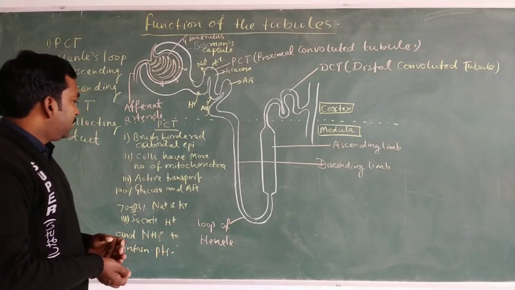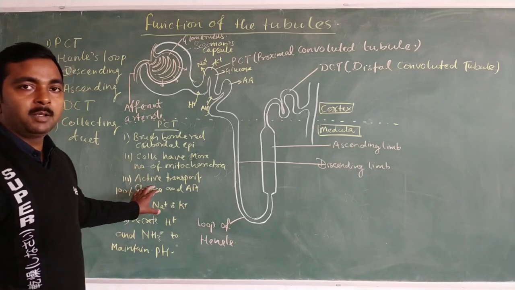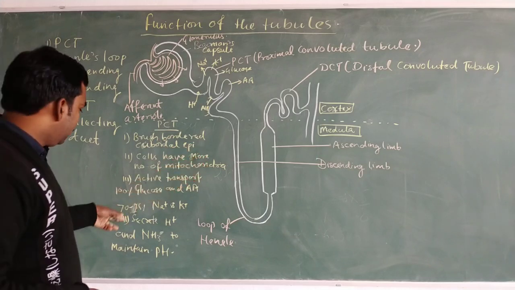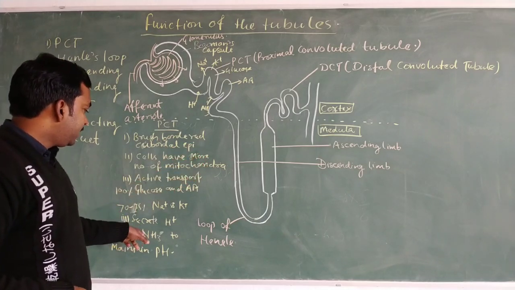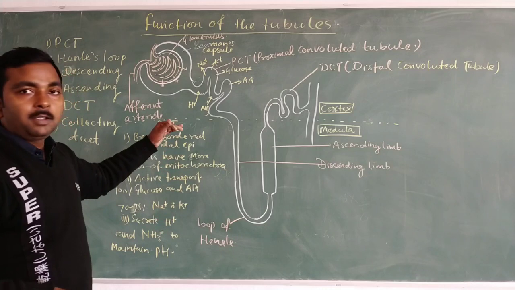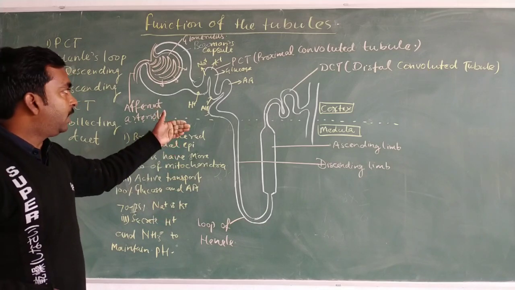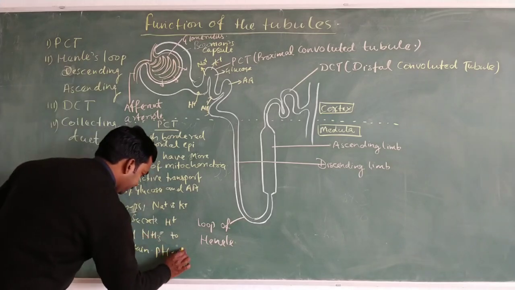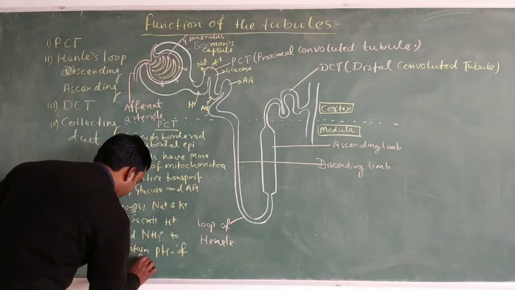So in the PCT region, reabsorption takes place with the help of active transport, and the secretion of ammonia and hydrogen ions also takes place to maintain the pH of the filtrate.